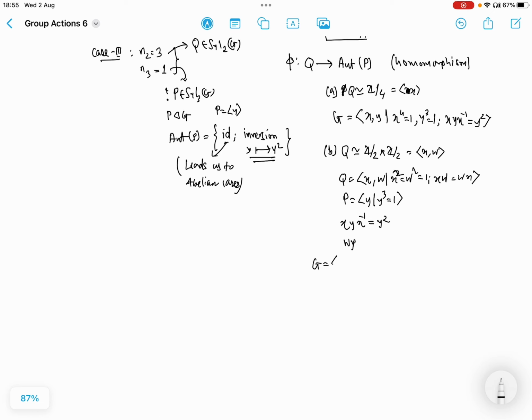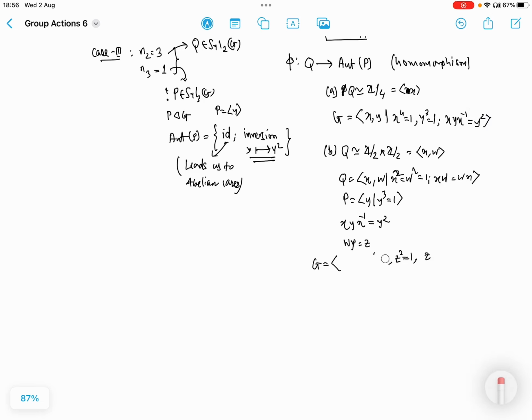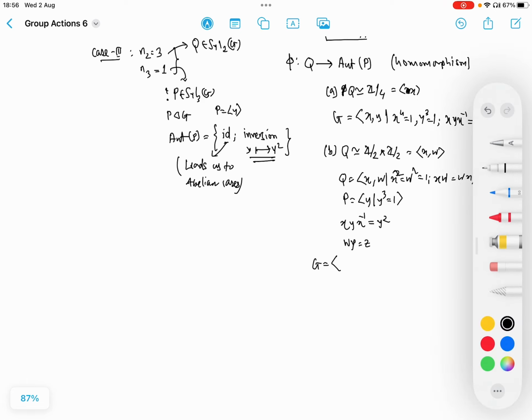If you just call this element by some other name, maybe you can call it Z, and you have this X as order 2, so you can just write it in this way, such that one of them has order 6 and one of them has order 2. Or maybe the most conventional notation, you can write it as the rotation and reflection.